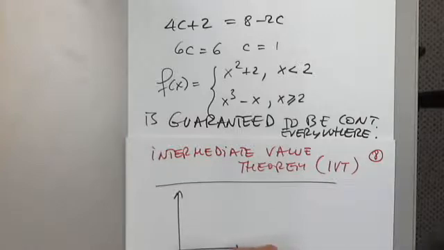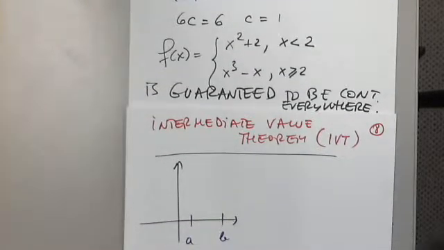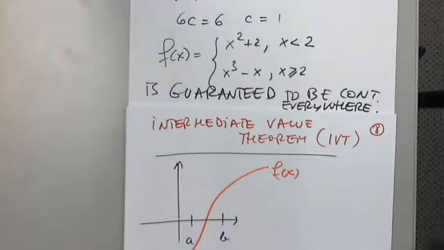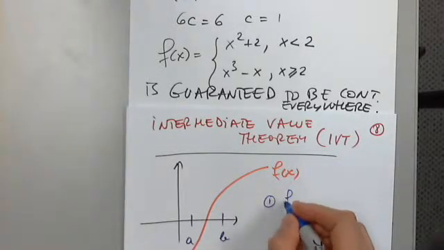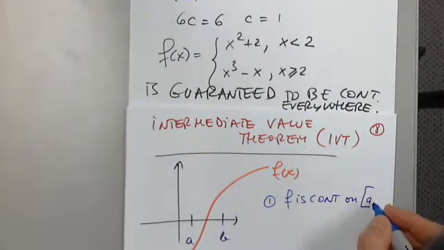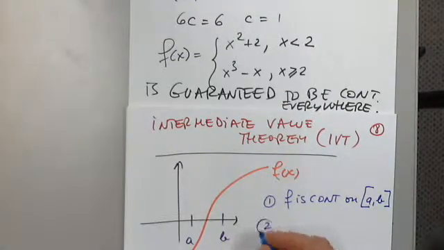So let's say I have an interval between a and b. And let's say I also have a function. This is our function. And I'm going to ask you 2 questions. According to the graph, number 1, will you say that f is continuous on the closed interval [a, b]?